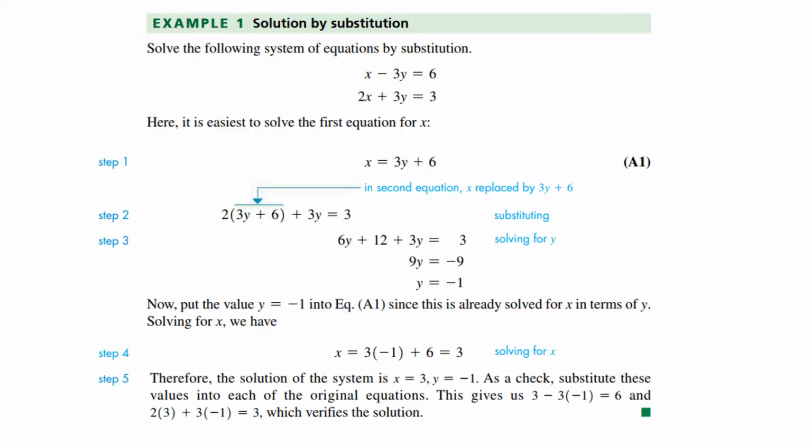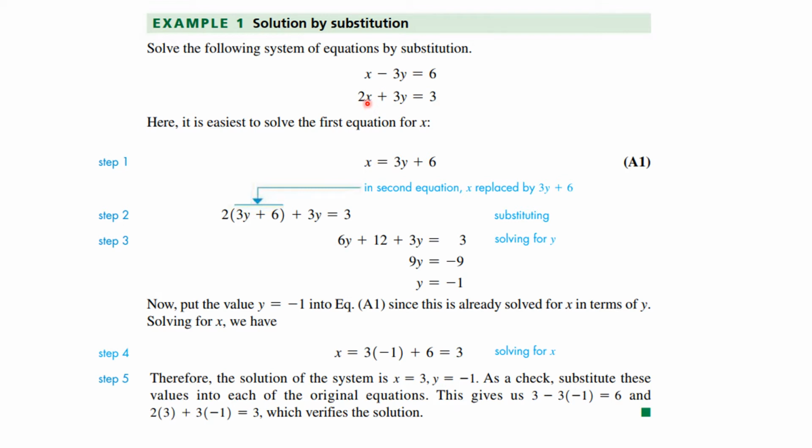So here we go with the first example. Here's the system that we want to solve by substitution. We're going to solve for one variable in terms of the other. If you look up here, you can say, oh, it's probably easy to solve for x. And in fact, it is. x is equal to 3y plus 6. Now I'm going to take that value of x and substitute it into the other equation.